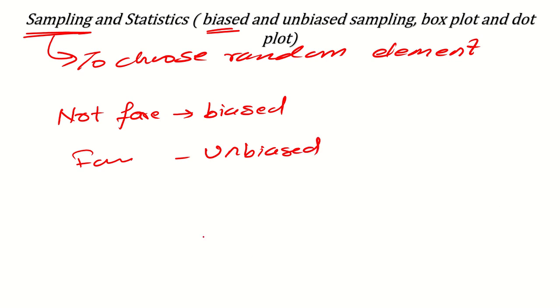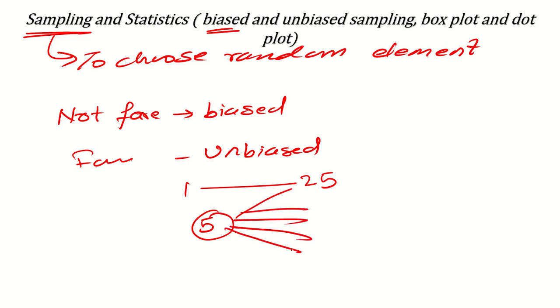For example, if I go to a class in which there are 25 students and I have to choose 5, I can choose any 5, and that will be called unbiased selection.